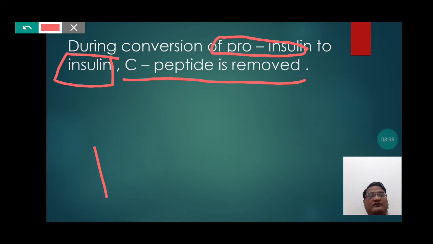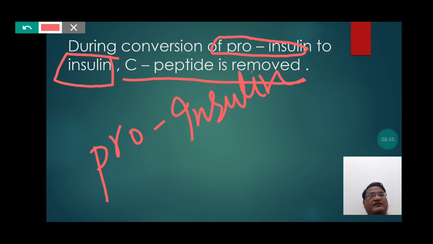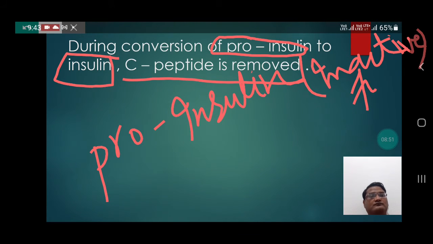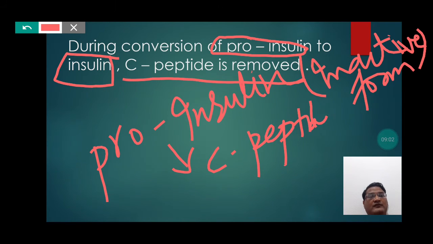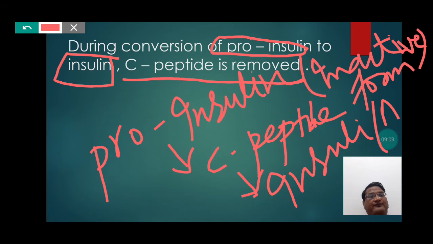So students, the proinsulin, which is the inactive form, needs to have the C peptide removed so that the insulin becomes active.